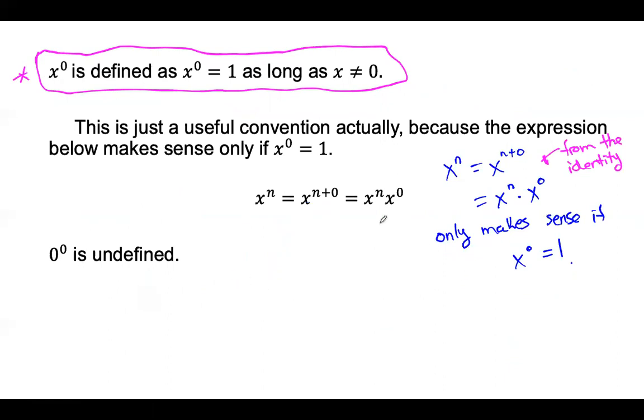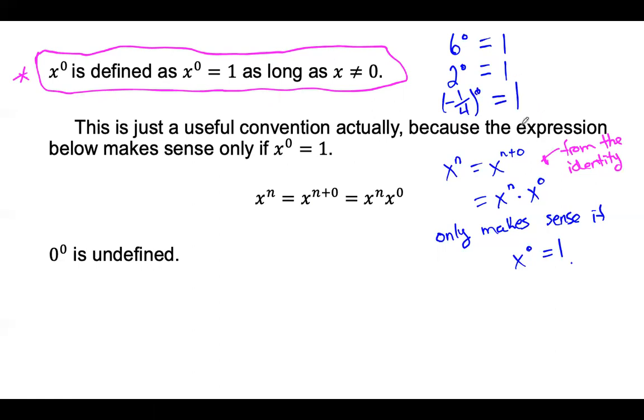Now, what does this mean? Any number, so let's say 6 to the power 0, what does that equal? 1. What about 2 to the power 0? 1. What about negative 1/4 to the power 0? 1, right? So this is the point.